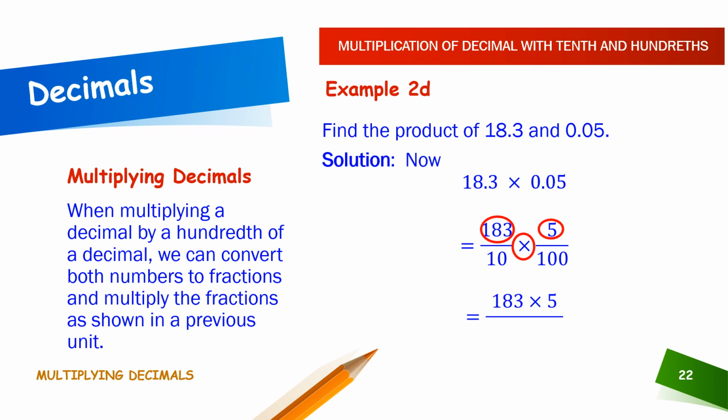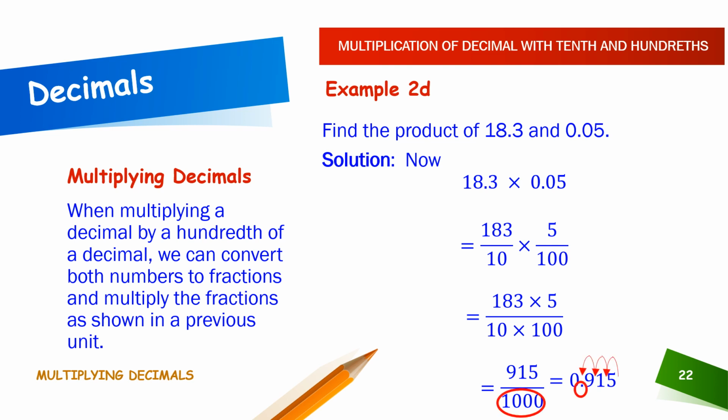Then multiply the numerator by the numerator and the denominator by the denominator to give 915 over 1,000. And this, of course, is equal to 0.915. The decimal point has moved 3 places to the left since we're dividing by 1,000.